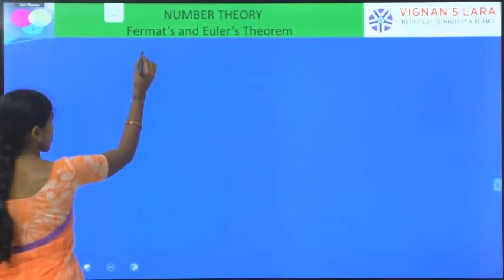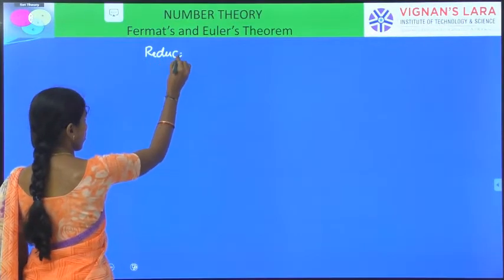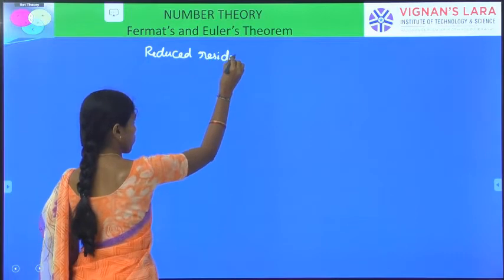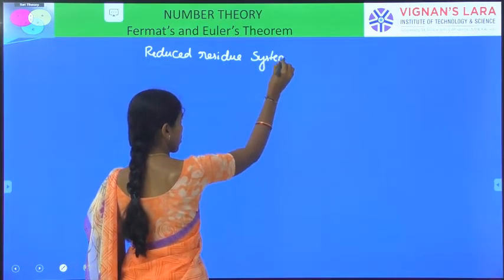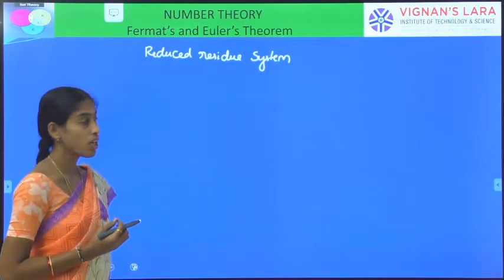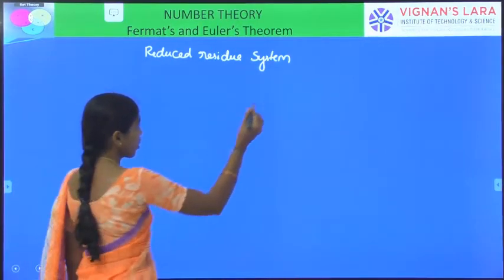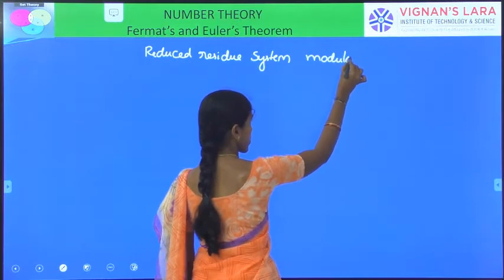We call it a reduced residue system. Right? Reduced residue system. It is actually a small definition. Reduced residue system modulo M. How can we define this?